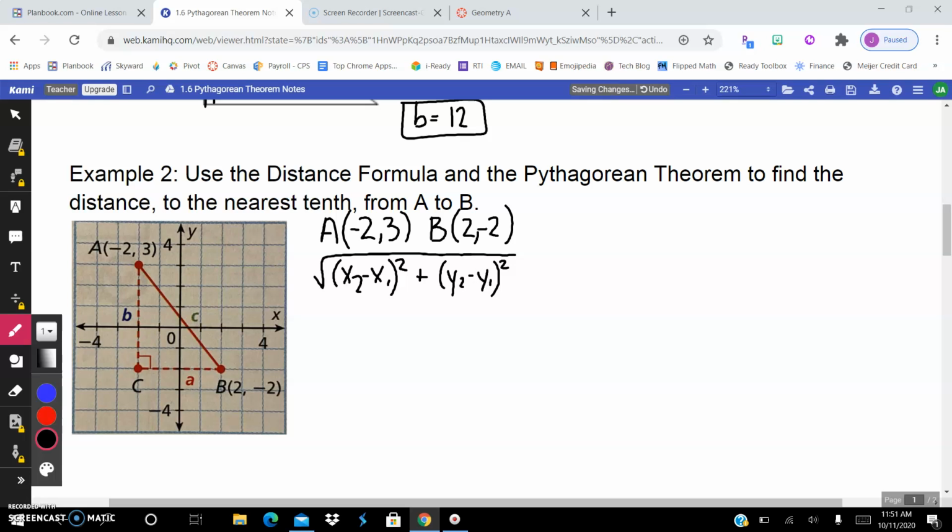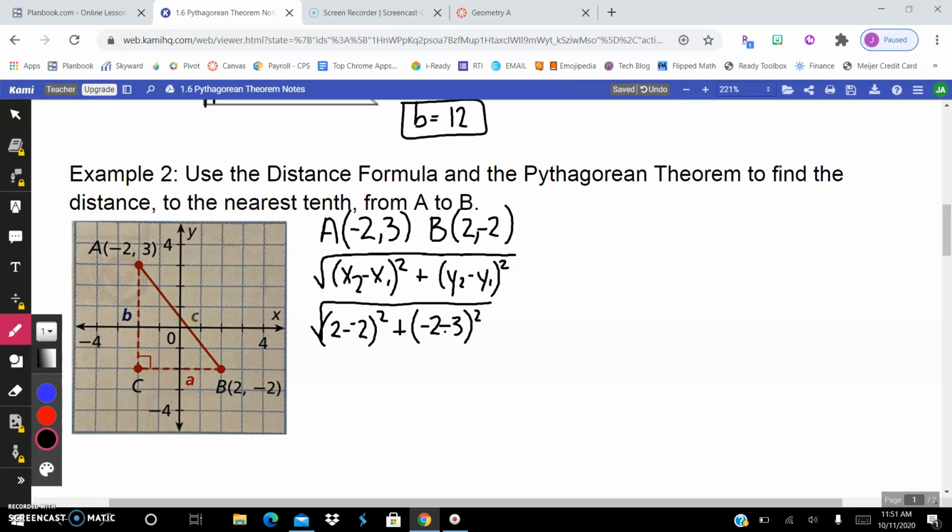If we fill in what we know, we have x from our second point, out of point B, so that would be 2, minus x from our first point, -2, squared, plus y from our second point, -2, minus the y from our first point, 3, squared.